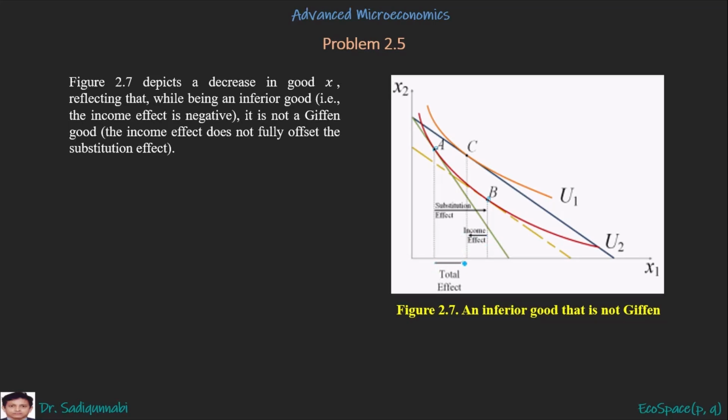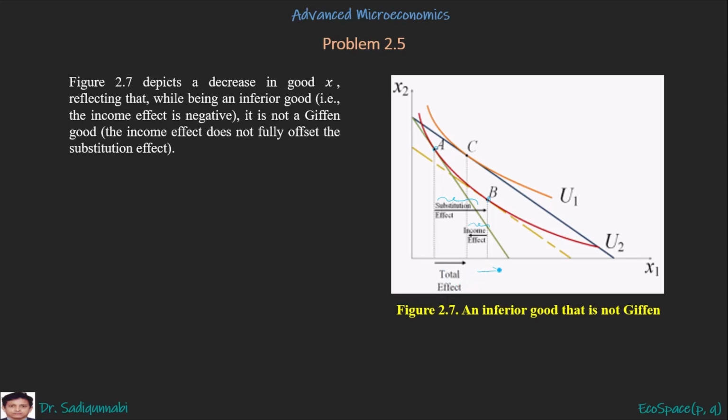Here you see that the absolute length of the substitution effect is greater than the absolute length of the income effect. That's why the total effect becomes negative, because it is moving to the right.